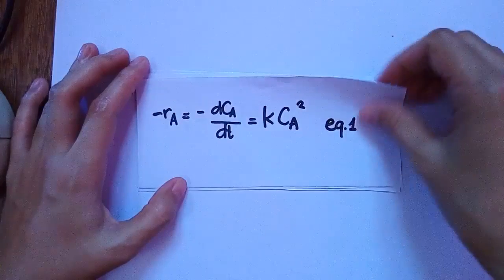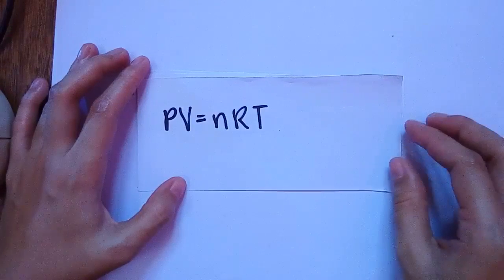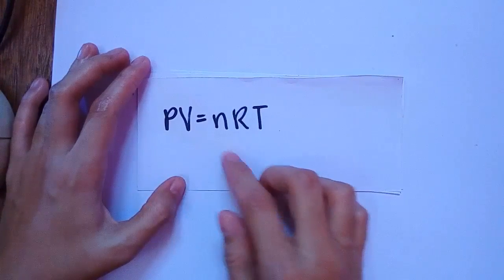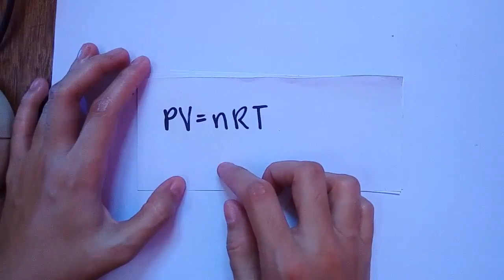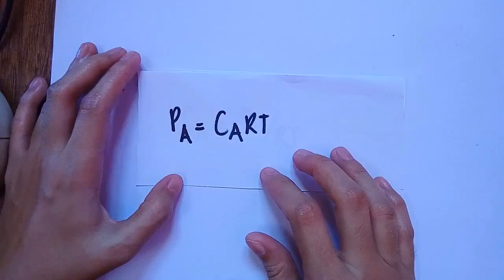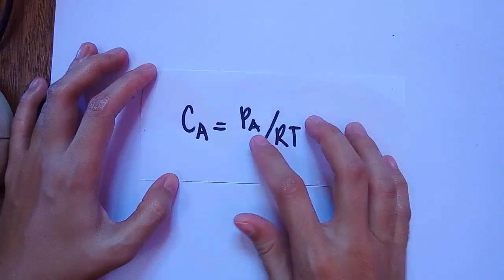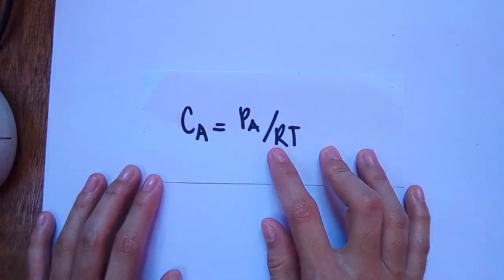Converting this in terms of pressure, we'll use the ideal gas equation, PV equals nRT. In terms of concentration, we put this V down here and we have n over V, which is equal to CA. So we have PA equals CA RT. Manipulating, we get CA equals PA over RT.